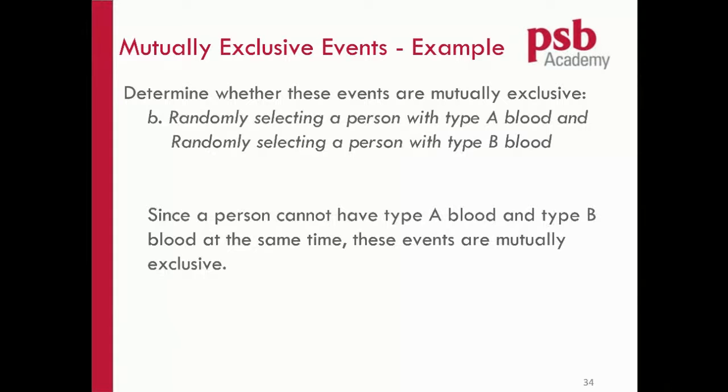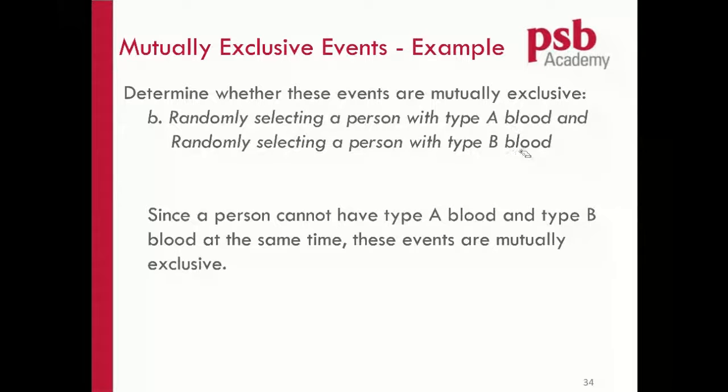Now, same scenario. We are in a lecture hall in Marina Square. Someone came in, says, I want to select someone with type A blood. Second person comes in and says, okay, I'm going to select someone with type B blood.